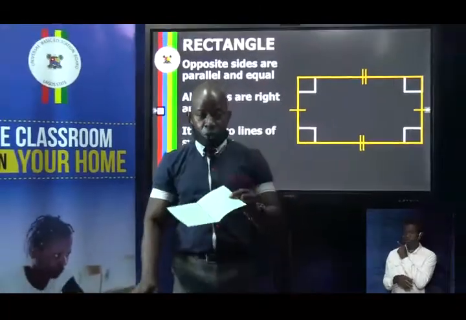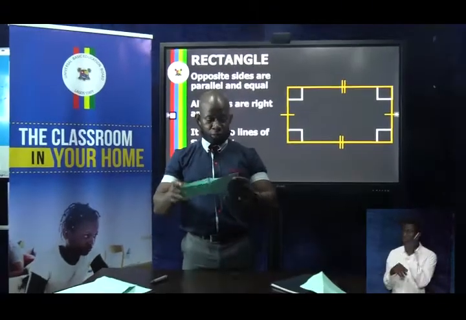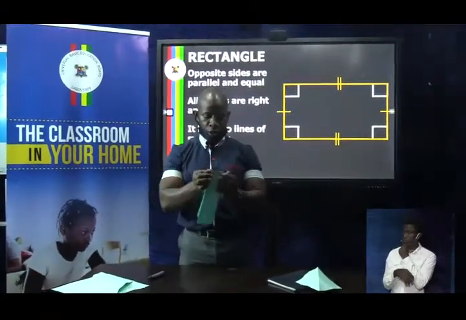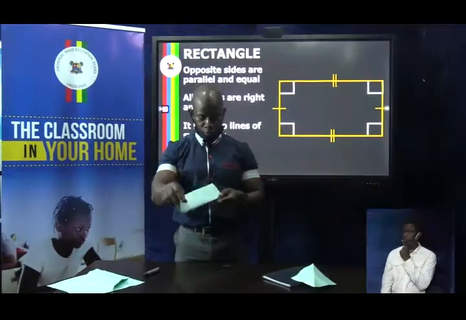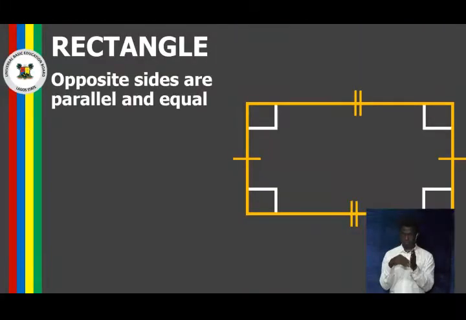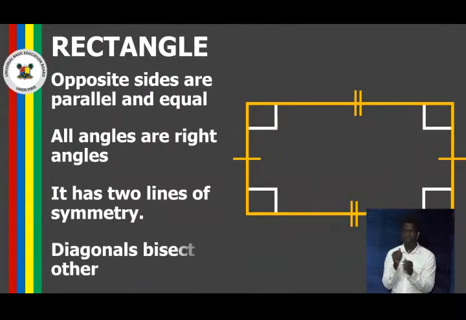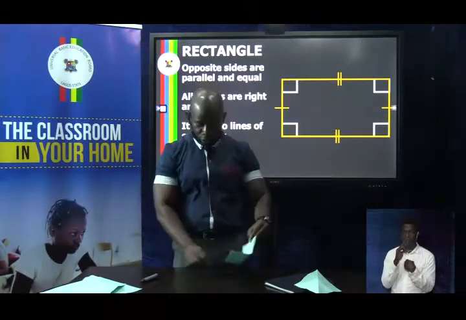So where is the other line of symmetry? If I fold it like this, along the short side, you can see no overlap. If I turn it around, no overlap. They are equal exactly. So this line along which I folded it is a line of symmetry. I'll draw that out for you.